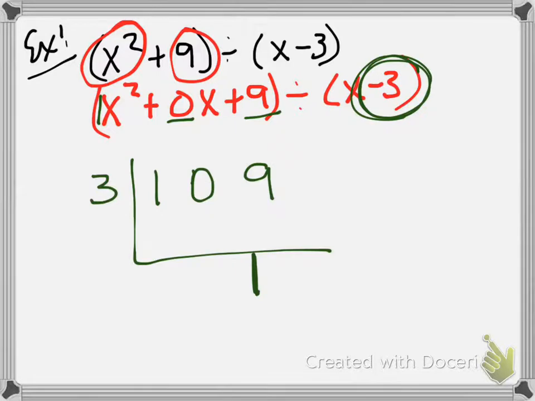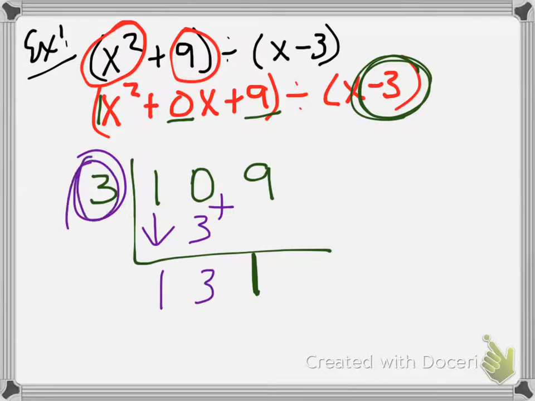Alright, so here we go. Bring down the first number. 1 times 3 is 3. Add, 0 plus 3 is 3. Multiply by 3 again. 3 times 3 is 9. Add, 9 plus 9 is 18. That's my remainder.